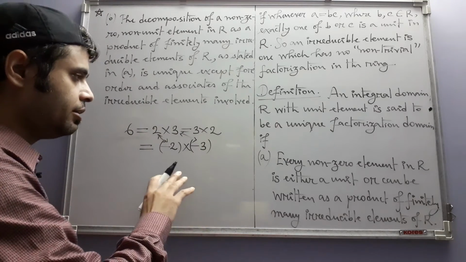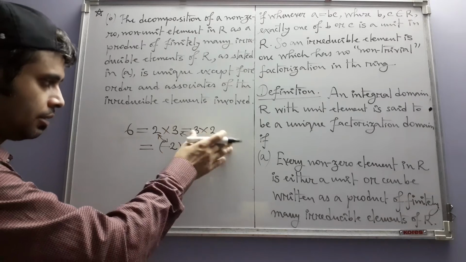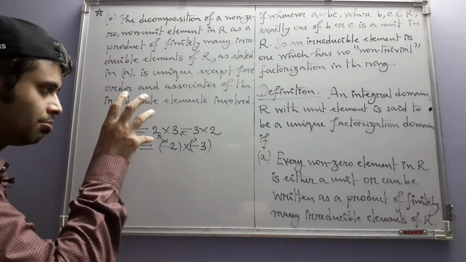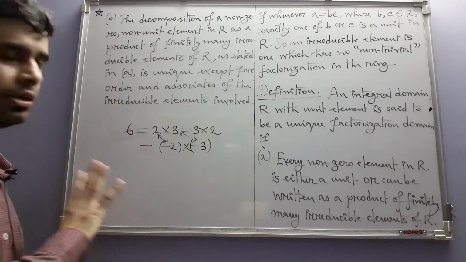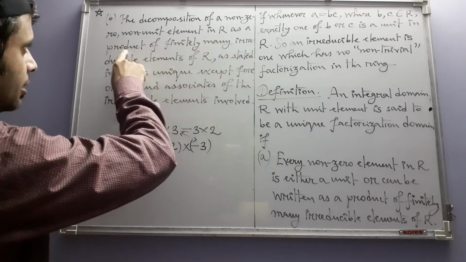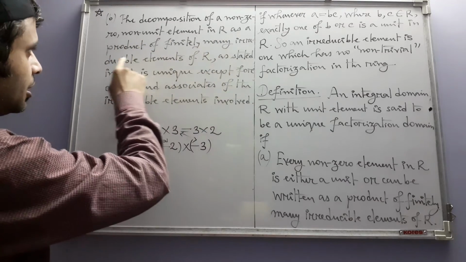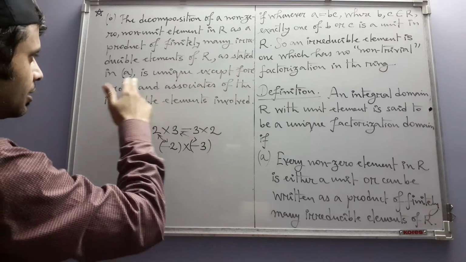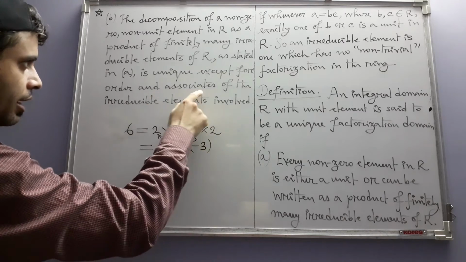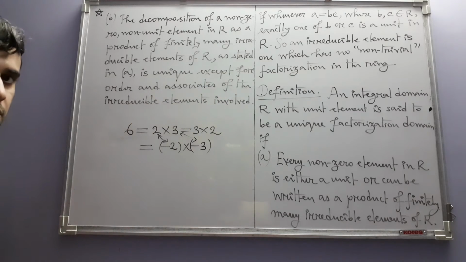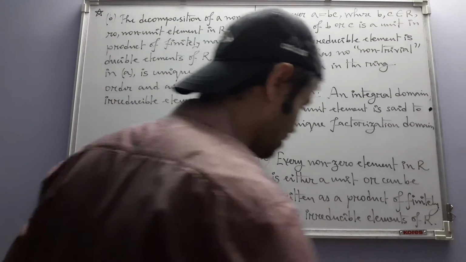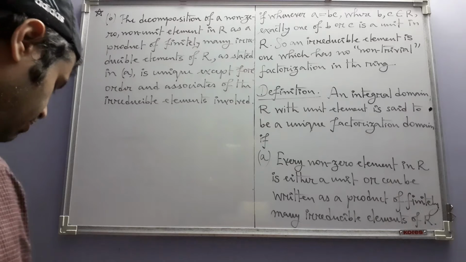You are not getting any new prime element in the factorization of 6. That is not possible. So by uniqueness we mean this kind of uniqueness. So that's why we have said the decomposition of a non-zero non-unit element in R as a product of finitely many irreducible or prime elements of R, as stated in A, is unique except for order and associates of irreducible elements involved. So that's the definition of a UFD, a unique factorization domain.